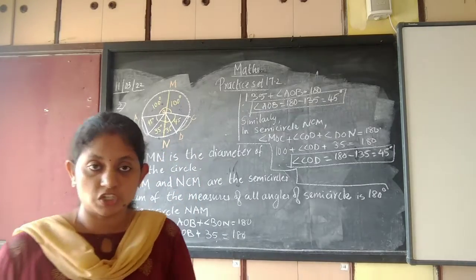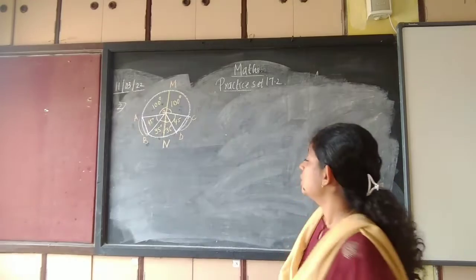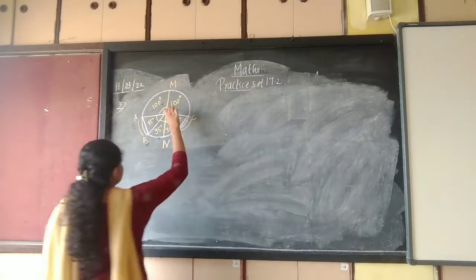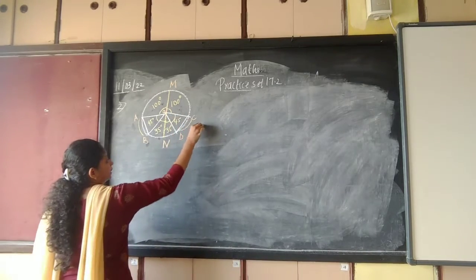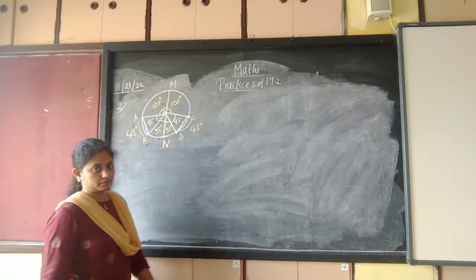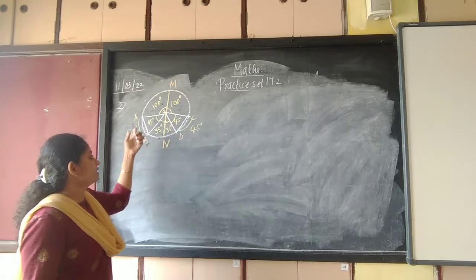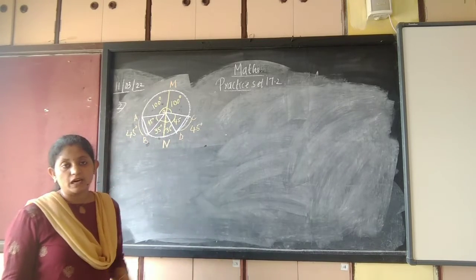We need the measurement of the arc. So you can see if the angle is 45, that arc will also have 45 degrees. If this angle is 45, this will also be 45 degrees. Correct? So if both have the same measurement, we can tell that they are congruent.